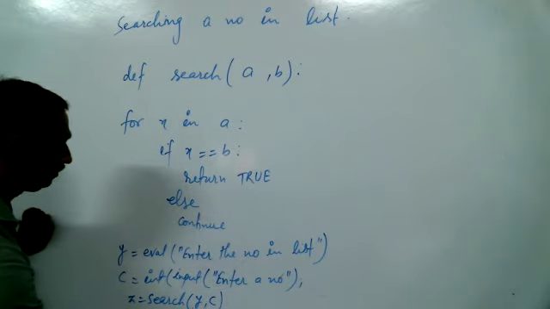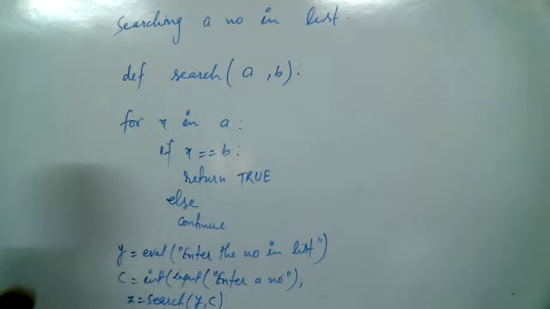Y is a list and c is the number which has to be searched.